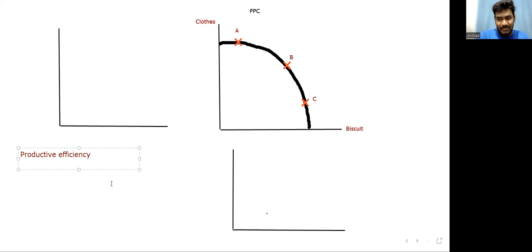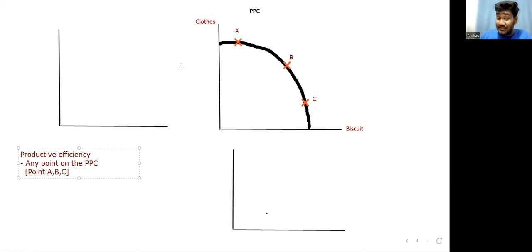Inside, on the PPC, outside, or specifically A, B, or C? Remember, guys, productive efficiency is any point on the PPC. So according to our example, points A, B, C all represent productive efficiency.